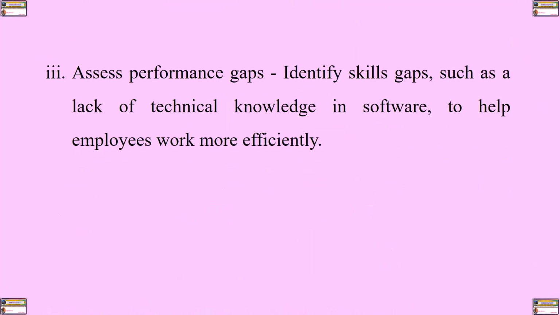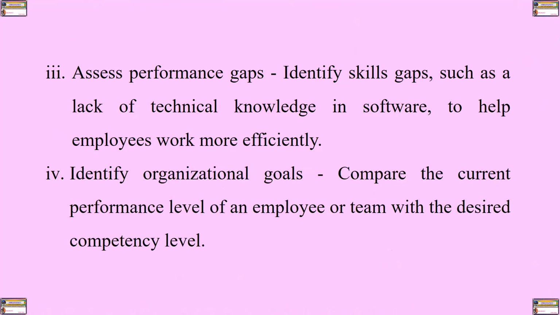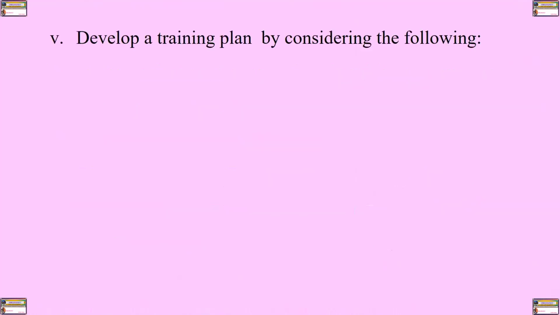Number 3, assess performance gaps. Identify skill gaps, such as lack of technical knowledge in software to help employees work more efficiently. Also, identify organizational goals. Compare the current performance of an employee's level or a team with a desired competency.